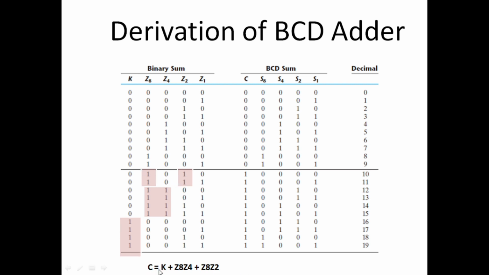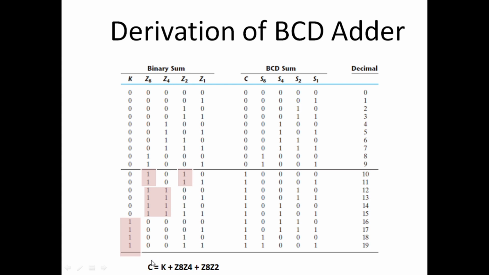So this is a Boolean equation, and it says that the correction, meaning the 0 1 1 0 constant, should be added to the binary sum when either K is 1, or Z8 and Z4 are 1, or Z8 and Z2 are 1.